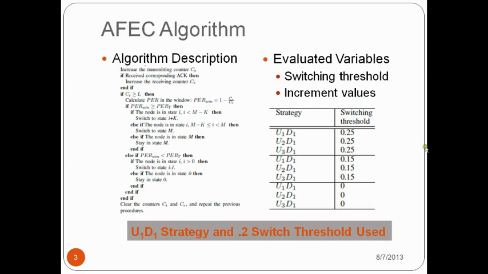So on the left here you see the algorithm description of the AFEC algorithm, and the CT is the transmitter counter and the L variable is the window size.